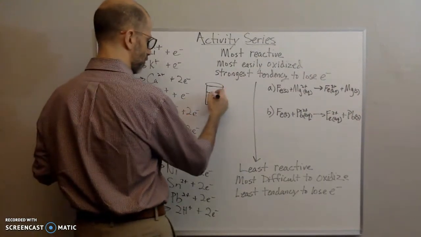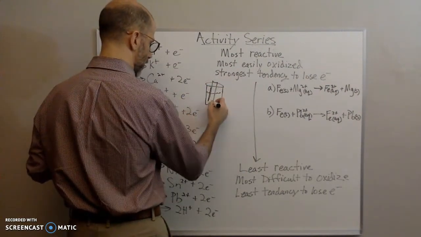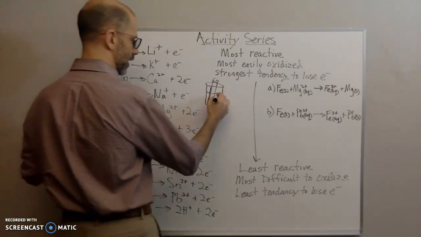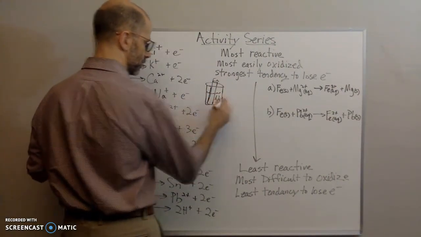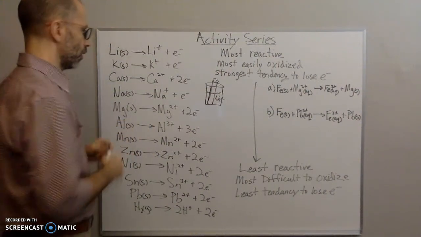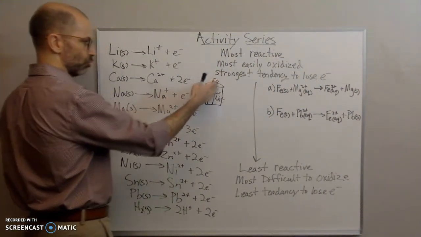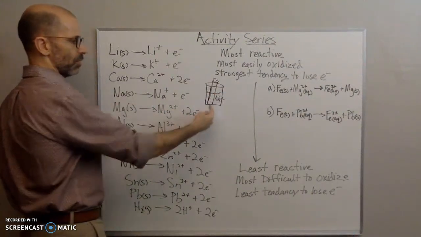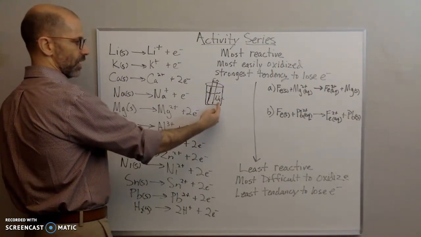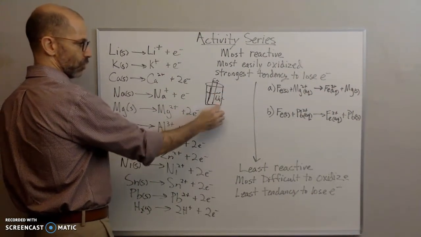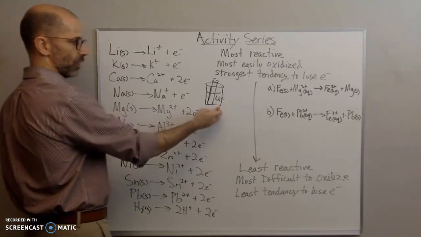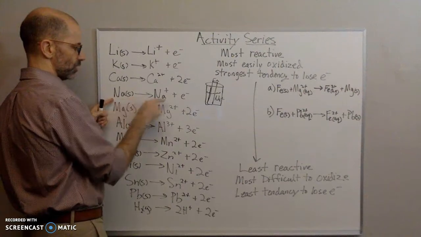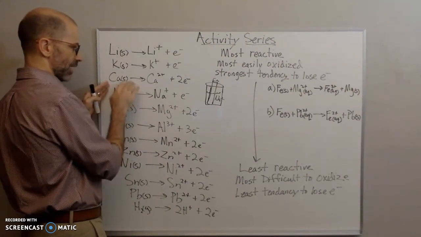So if I have metal calcium here, and then I have Na+ in solution, which one wants to lose electrons more? Well, calcium wants to lose electrons more. And sodium plus already lost its electron, right? But sodium doesn't want to lose its electron as much as calcium.